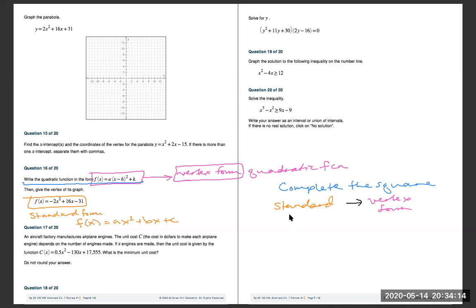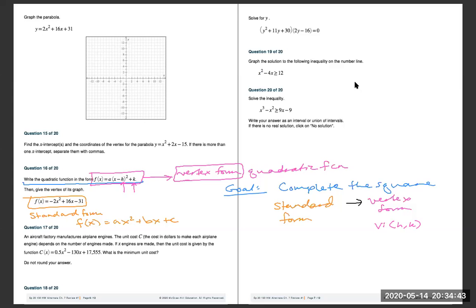Let me write form in here just to keep good form. Okay, so this is essentially our goal. And then once we get to vertex form, remember that the vertex is located at h, k. So when we have this form, we're going to be looking for h and k.